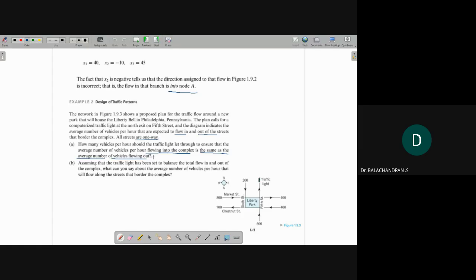That is the first part. First we will discuss the first part and then we'll go to the second one. Draw this diagram.